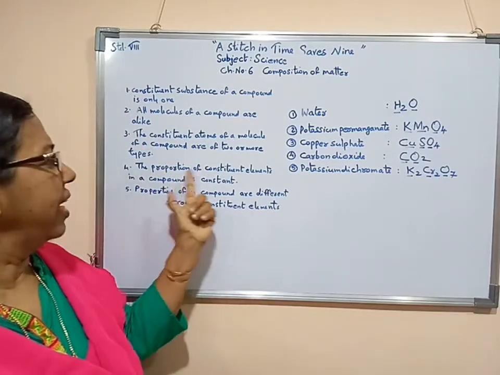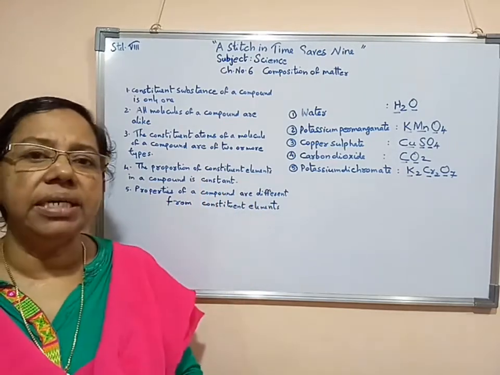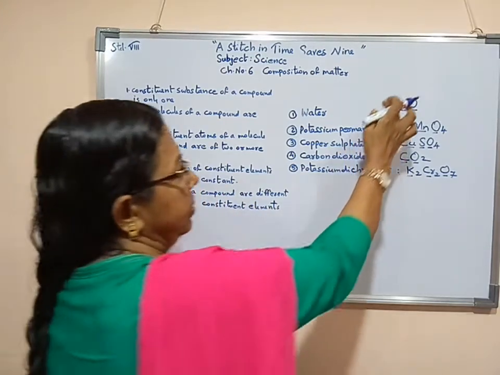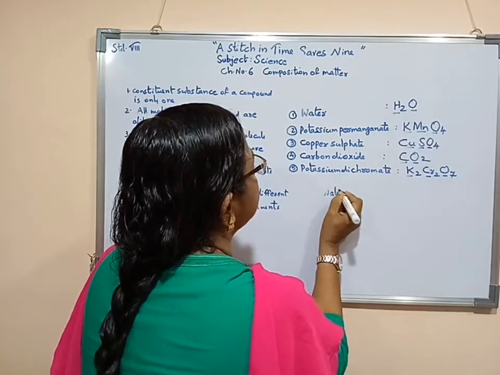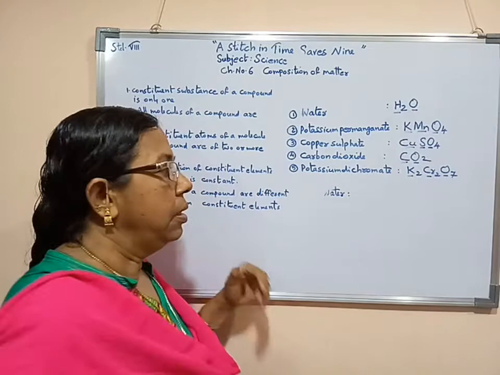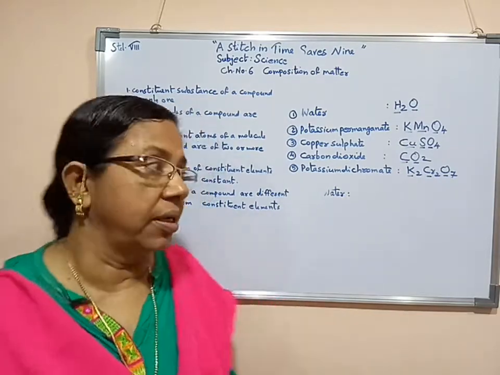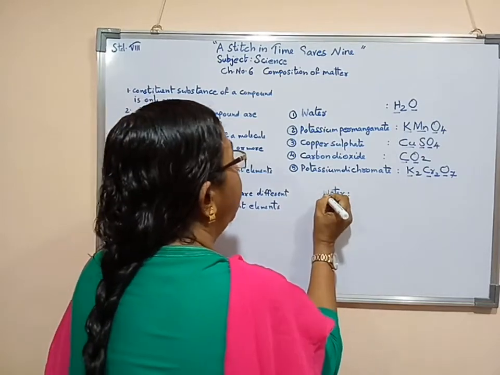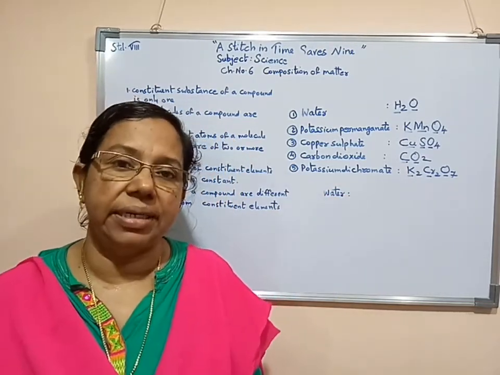The proportion of the constituent elements in a compound is constant. Let us see here, water. When we study water, there can come the question: write the formula of water. You all know water is formed by joining hydrogen and oxygen.